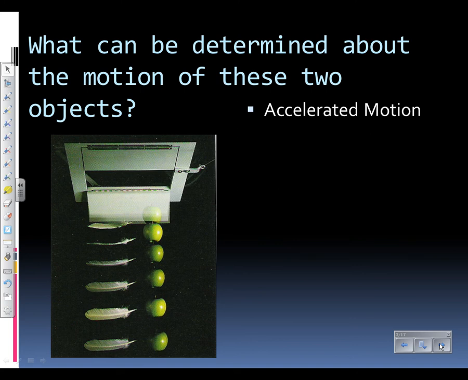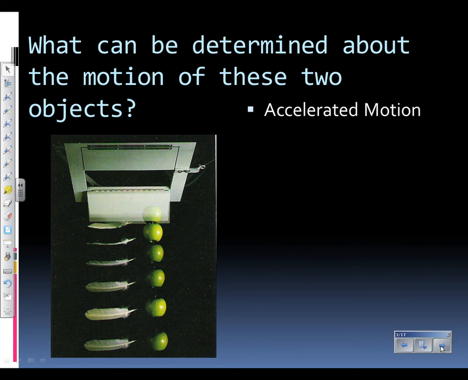The distance between each picture keeps getting bigger and bigger and bigger. Okay? If we assume the pictures were taken at equal intervals, which we can, all right? What can you tell me about the acceleration of those objects? Now, maybe not a number, but compared to each other. Do they have the same acceleration? They do, because what are you seeing about the distance each one of them is covering in between each picture?